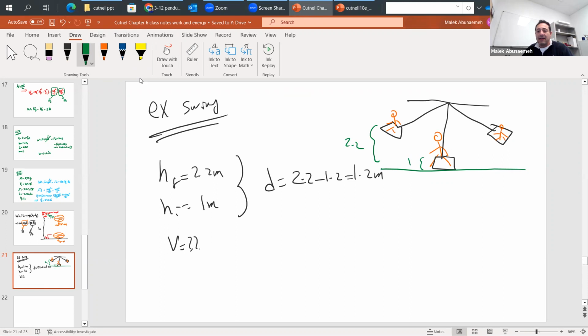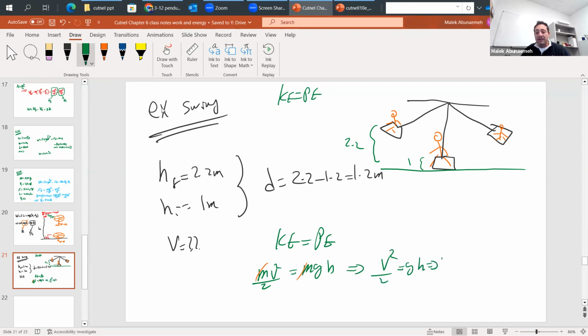You're looking for your velocity. Now, again, you're going from kinetic to potential energy. So your kinetic energy is going to equal your potential energy, where kinetic energy is mv squared over 2, which equals gravitational potential energy mgh. Luckily, we have the same mass on both sides, so the masses cancel out, which means v squared over 2 equals gh, which means v is going to equal the square root of 2 times g times h, which is 4.8 meters per second.